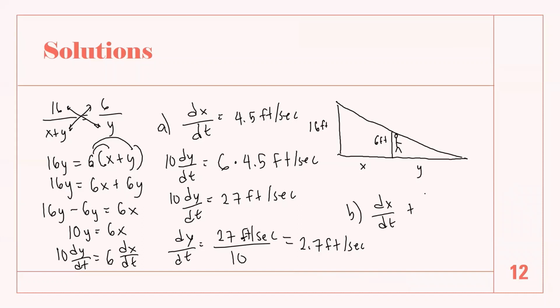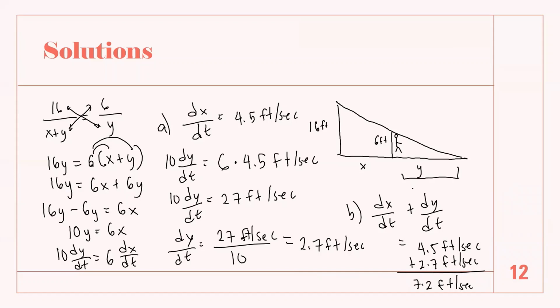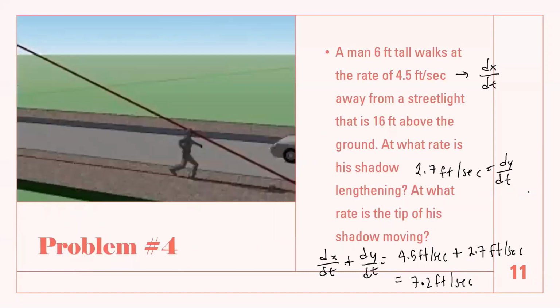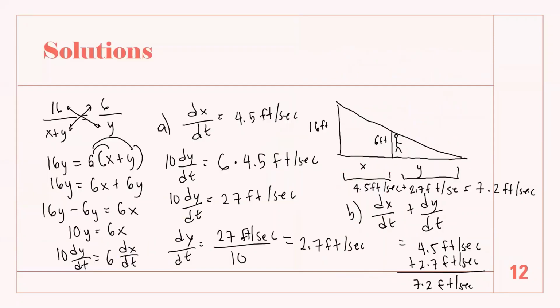We're going to transfer this. So this is 2.7 feet per second. Then here it is 4.5 feet per second. So when we add this, it becomes 7.2 feet per second. So this is the rate at which the tip of his shadow moves. So this is the tip of his shadow itself. Okay?